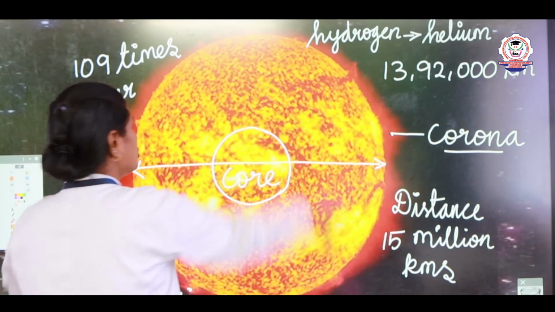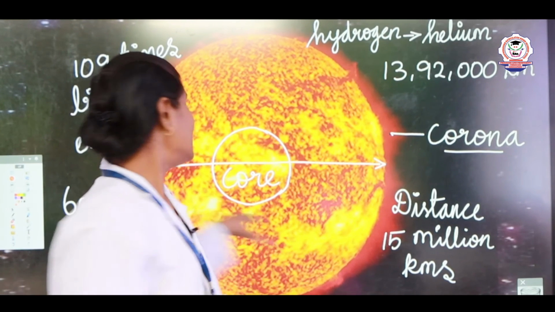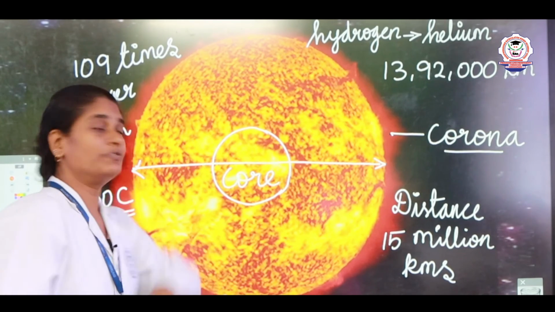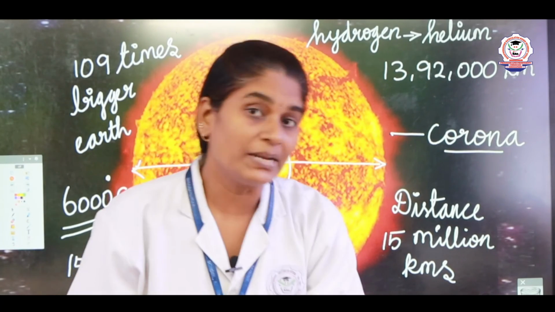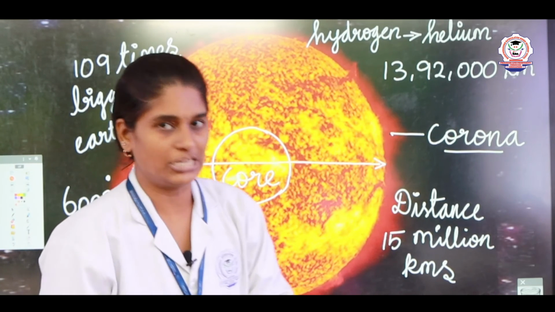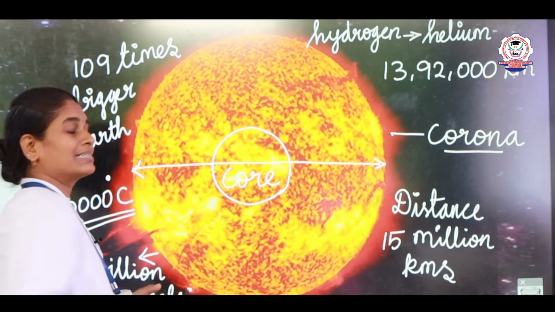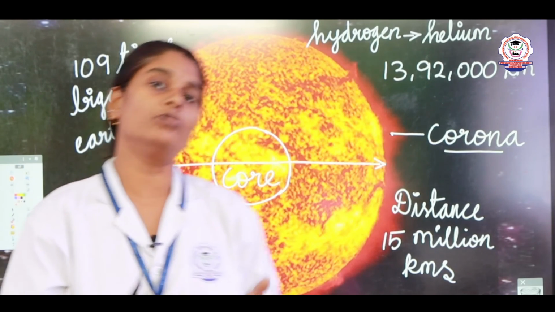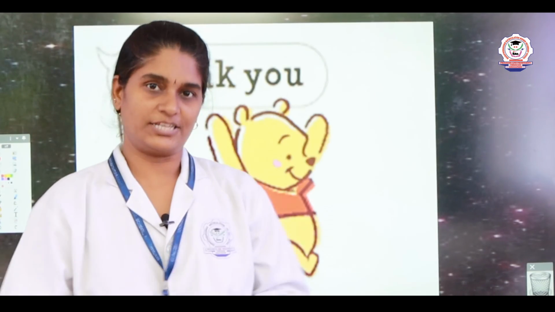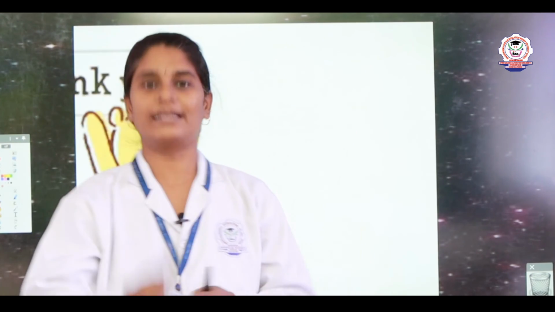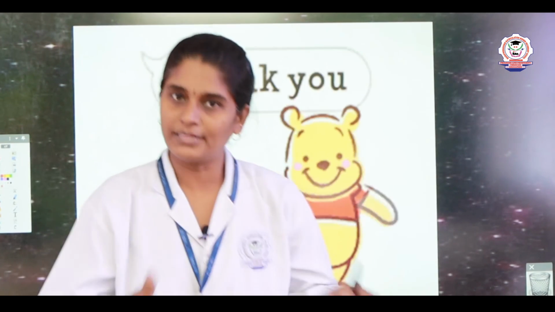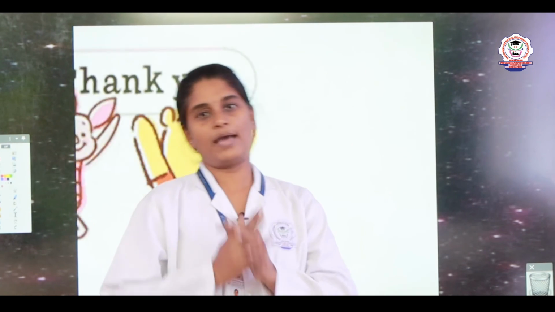The temperature of the sun is about 6000 degrees Celsius at the outer part, but at the center it is about 15 billion degrees Celsius. Today in this session you learnt everything in detail about the sun: the temperature, the diameter and the distance.